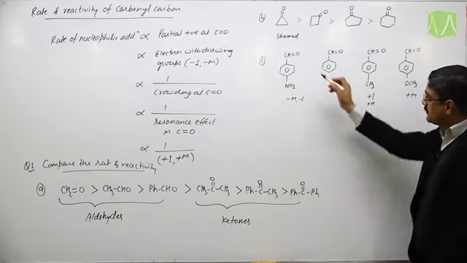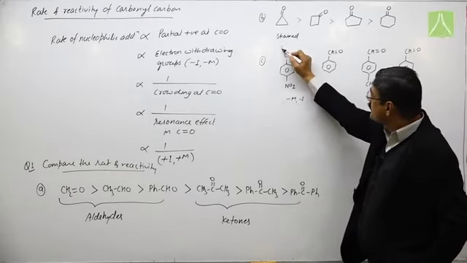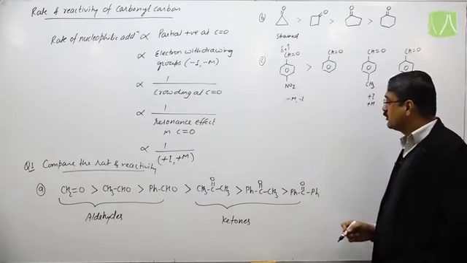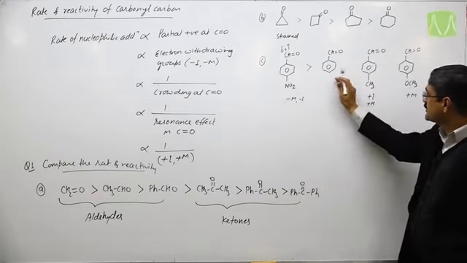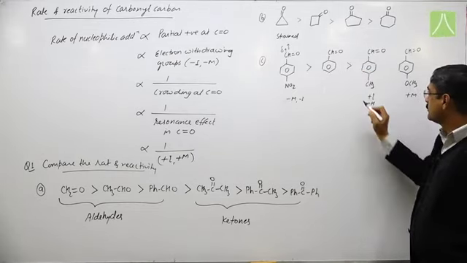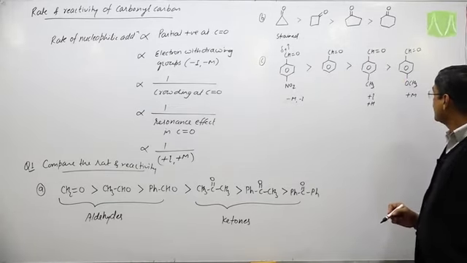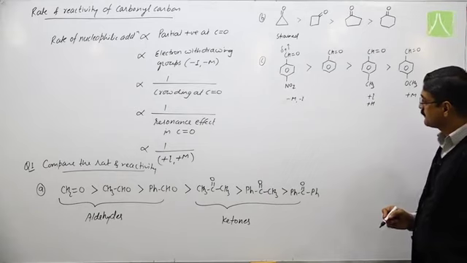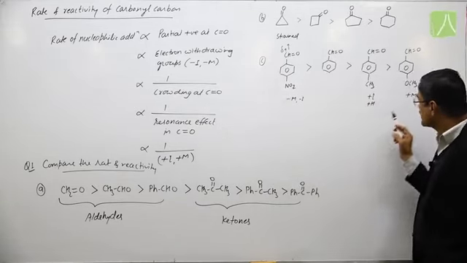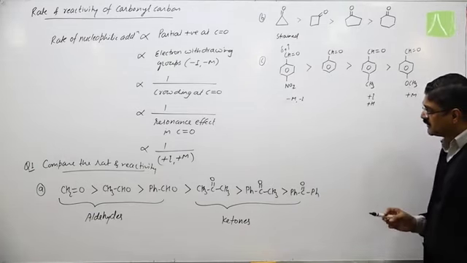So CHO is common between all the four examples, but the NO2 group increases the partial positive. That's why the reactivity of the nitro compound is more as compared to the simple benzaldehyde. And methylated benzaldehyde is less reactive because of the plus I, plus H group, and plus M groups further decrease the rate of reaction. So you can say minus I, minus M increases the positive charge, plus I, plus M decreases the positive charge. This is the basic difference.